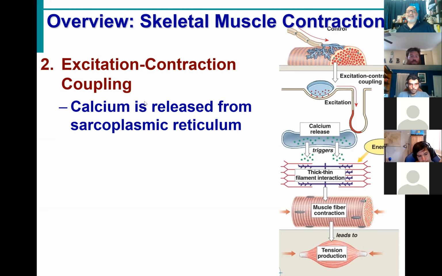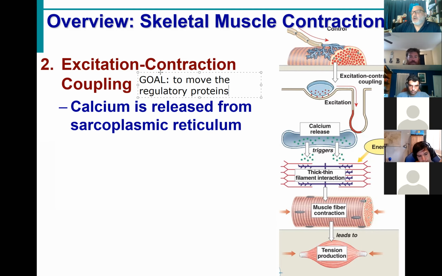And that's really the key to excitation, contraction, coupling. Here, remember, we're always thinking in terms of goal. Here, our goal is to move the regulatory proteins. And what did we say we needed to move those regulatory proteins? Energy. Now, to move the regulatory proteins, remember, moving the regulatory proteins is a wonky thing.